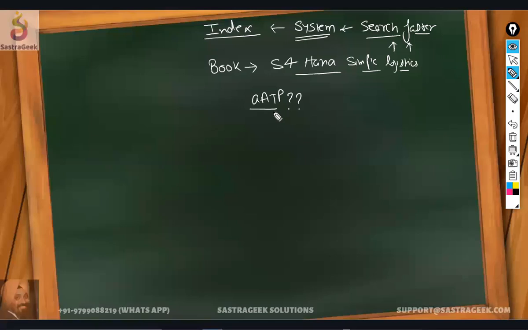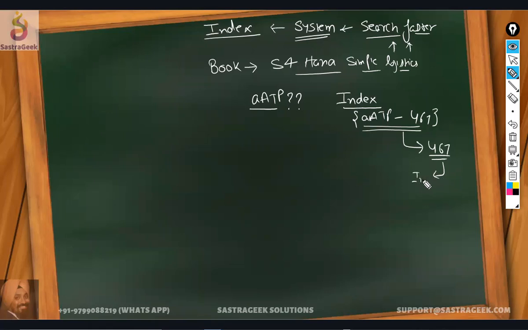What anybody would do is go to the index of the book. You will find that AATP is at page number 467. Seeing that combination, you directly jump to page 467, get the information and come back.